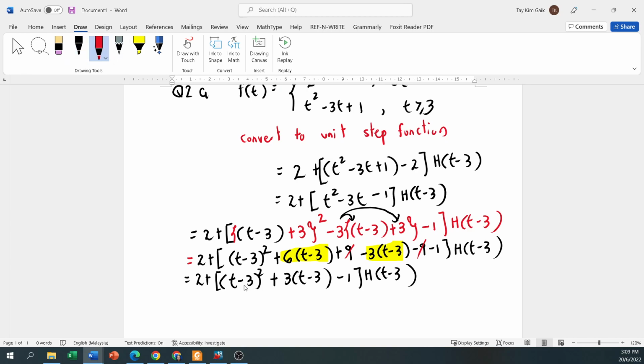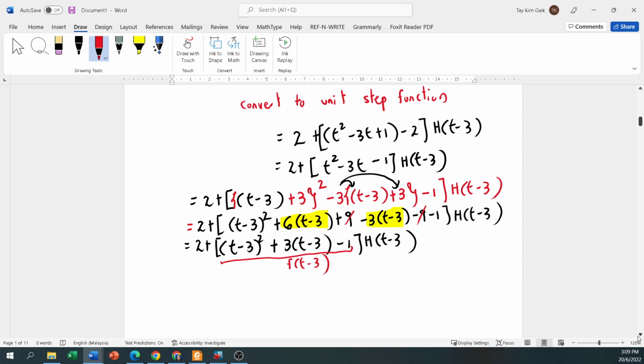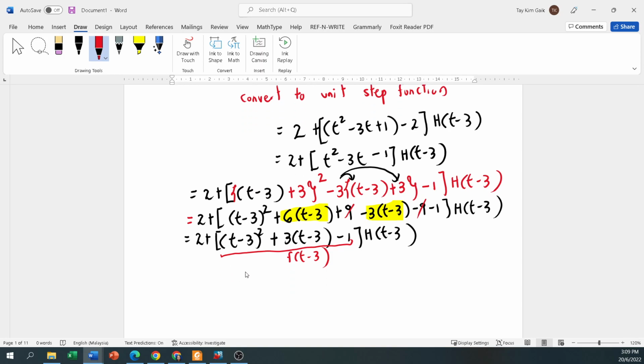So this one is so-called f(t minus 3). Okay, so it means your f(t minus 3) is actually (t minus 3) squared plus 3 times (t minus 3) minus 1. So if you want f(t), then it is t squared, and t minus 3 changes back to t, so it's 3t minus 1.